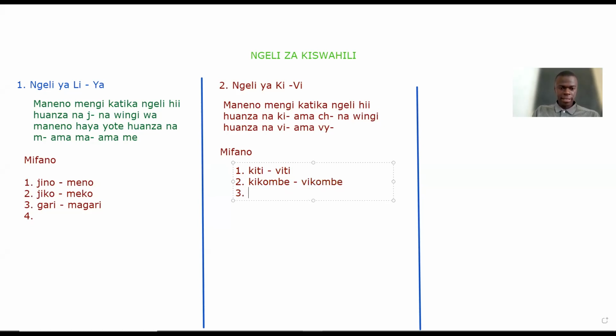Another one is actually kiatu. Then wingi, viatu. Then let me look for an example, the one that has cha, chombo. Wingi, vyombo.